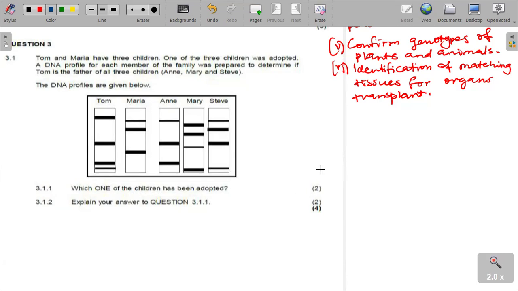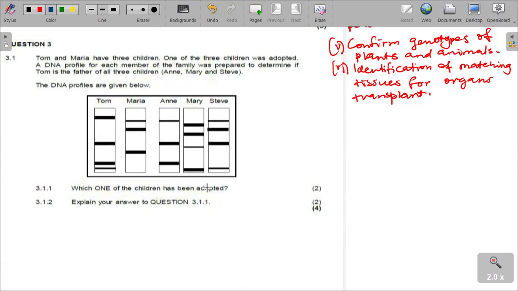In this case, the DNA profile of the child should show a resemblance to that of the parents. Which child has been adopted must show that the DNA profile does not resemble the parents, if the child is born from the mother and father, Tom and Maria.